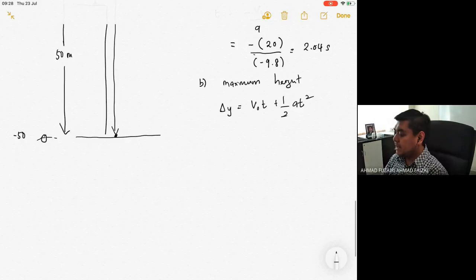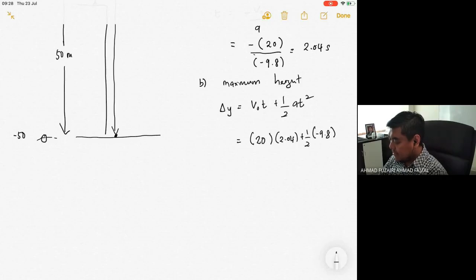Okay, so delta y. So y ialah apa tadi? What is V0? V0 is 20 times with 2.04 plus dengan half negative 9.8 kali dengan 2.04 squared.